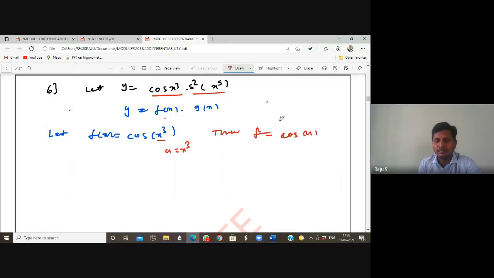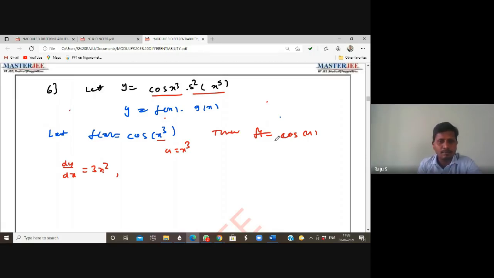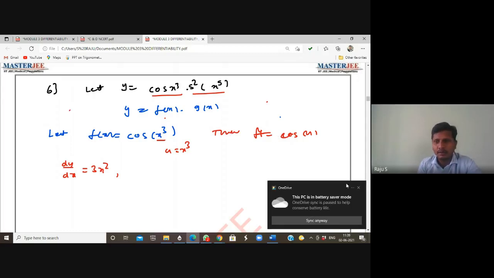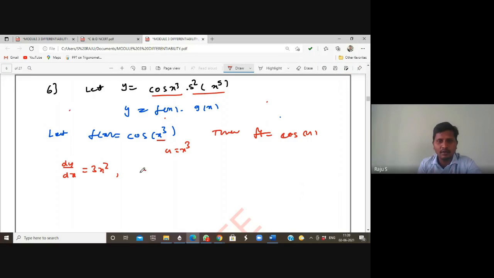Then f becomes cos u. Then here the du by dx value is what? The derivative of x cube is 3x square. And here you can find dy by du also.